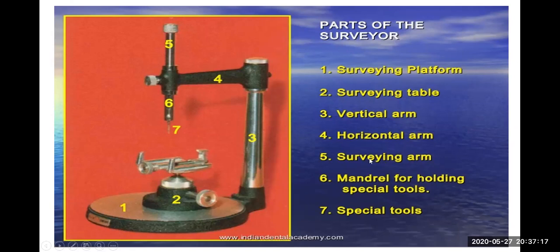Then we have a surveying arm. The surveying arm is where the accessory is connected. It goes through this horizontal arm, so you can call it a vertical arm if you like. Number 6 is where you put the accessory and control the tools.